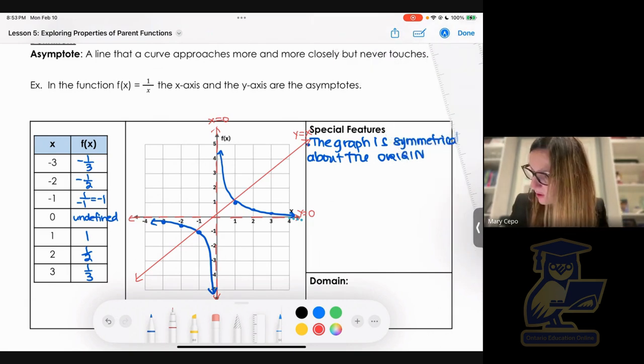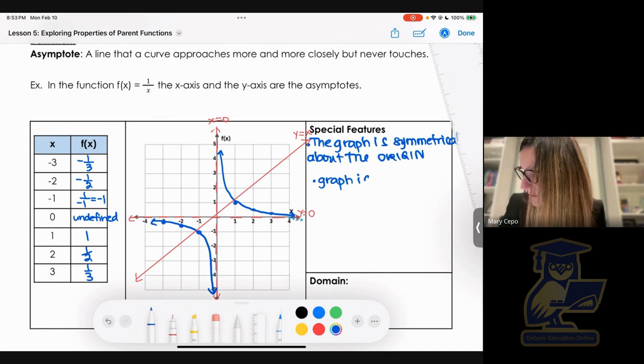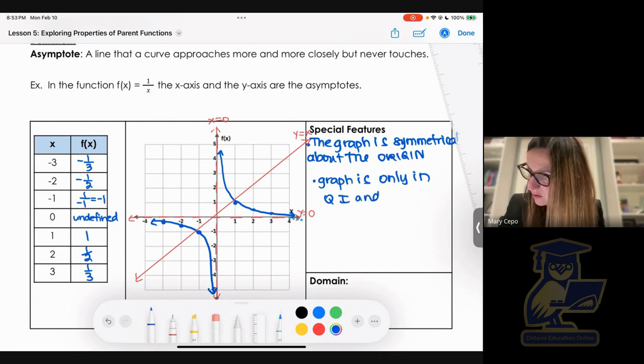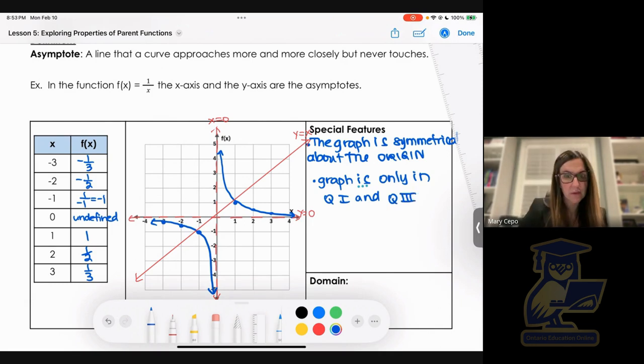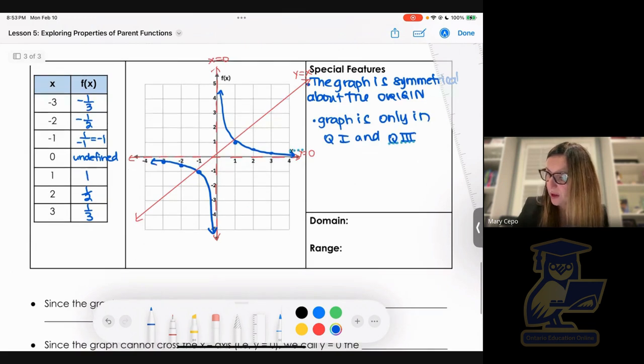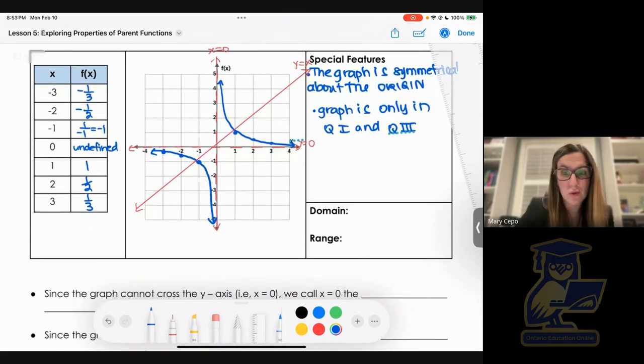Now, with that in mind, we can explore that the graph is only in quadrants 1 and 3. Because we have these asymptotes, like we said, an asymptote is a line that a graph approaches but never crosses.